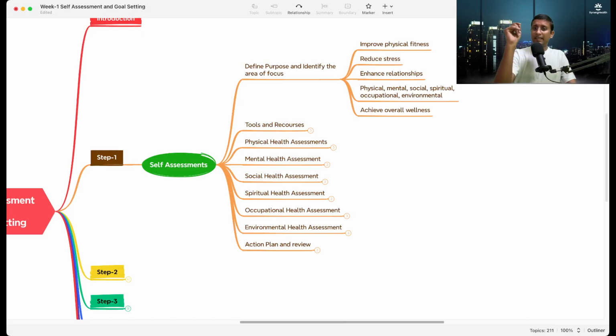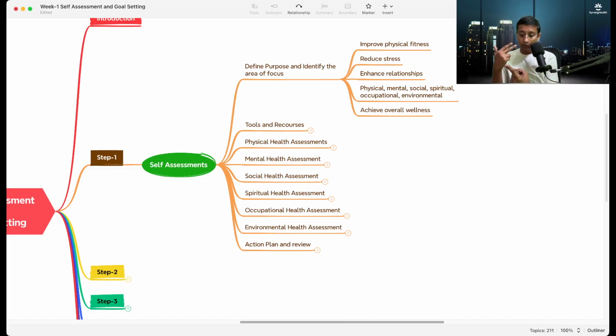You will see massive transformation in your life. Are you ready? Yes. So you need to identify your area of focus. You need to improve your physical fitness. You need to reduce your stress: physical, mental, emotional, everything. You need to enhance your relationships, and your physical, mental, social, spiritual, occupational and environmental wellbeing. You need to have the right focus.